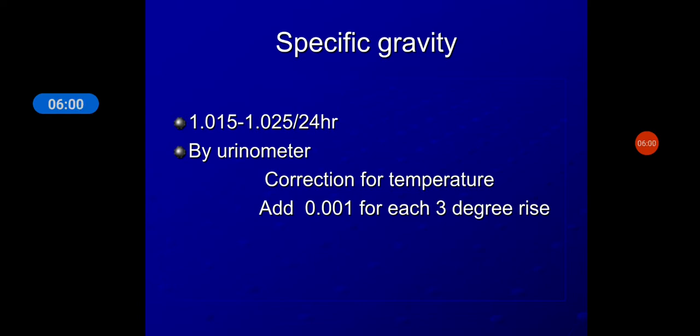And how do you check specific gravity? It is basically done using an instrument called a urinometer. If you have to correct specific gravity, it depends on the temperature. If the patient is febrile, then for each 3 degree rise, you have to add 0.001 to the specific gravity reading, right?